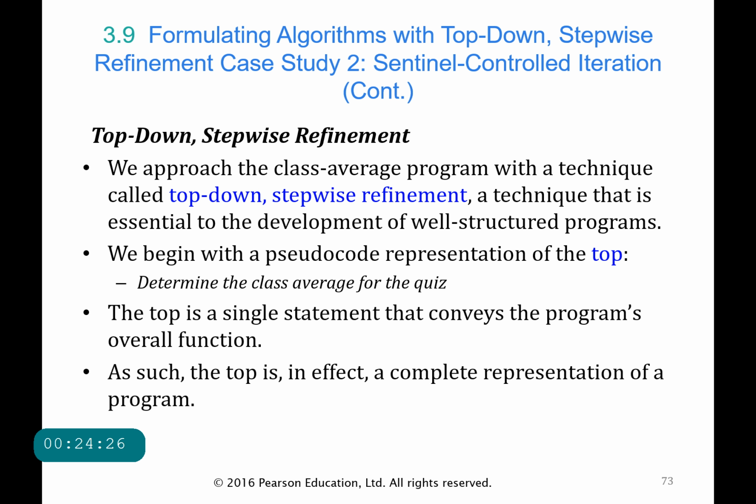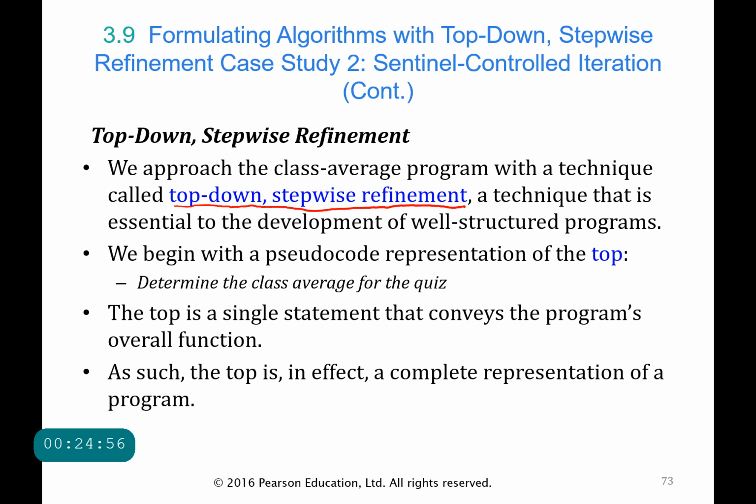Now, before we do that, we further need to refine our program, right? In the sense that we need to generalize it to determine the class average. So the first thing that we want to do is to take a large statement and then break it down into smaller statements.